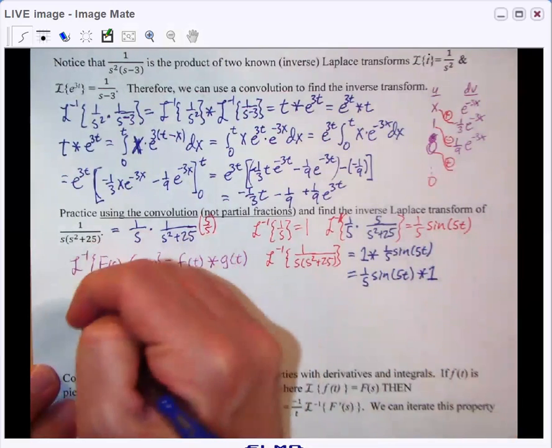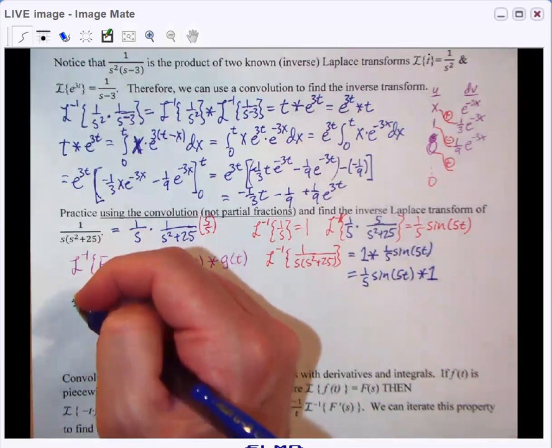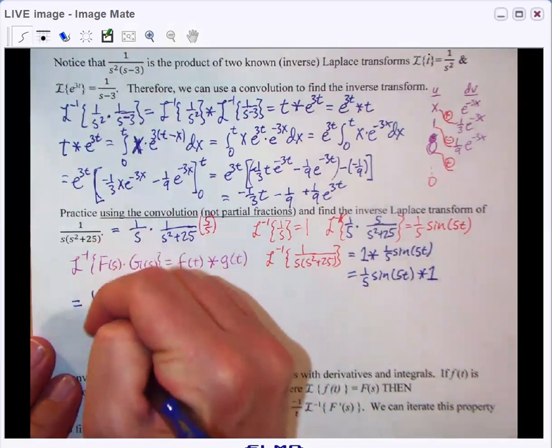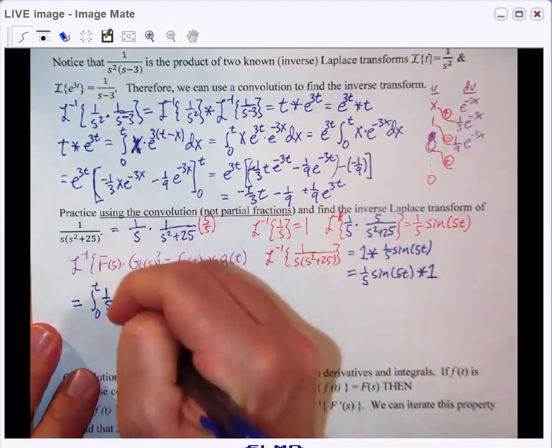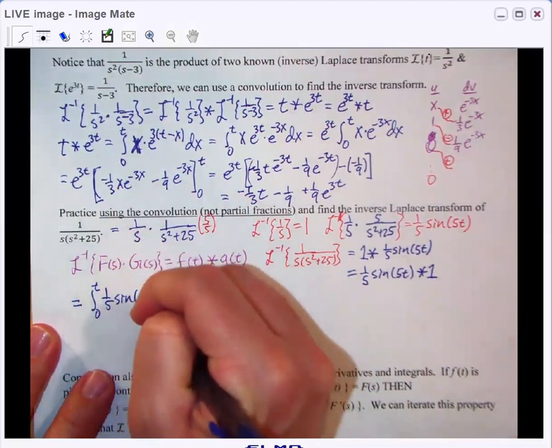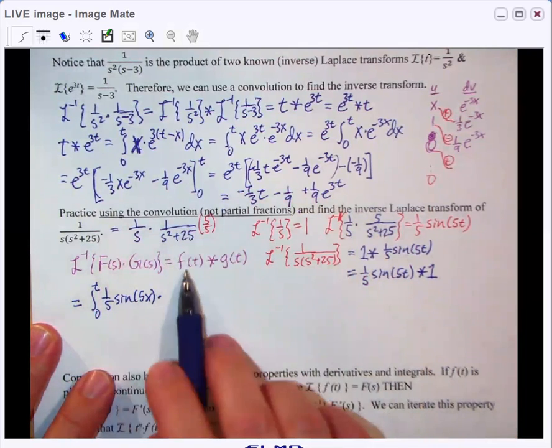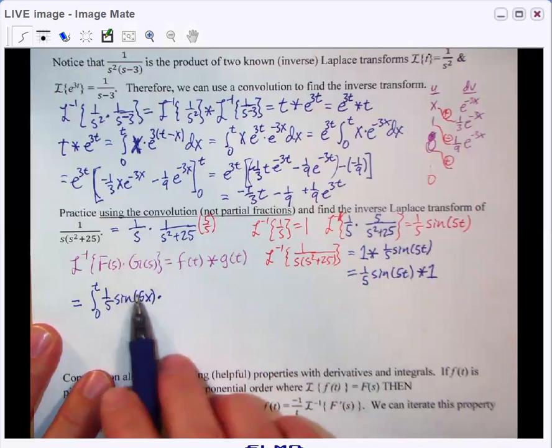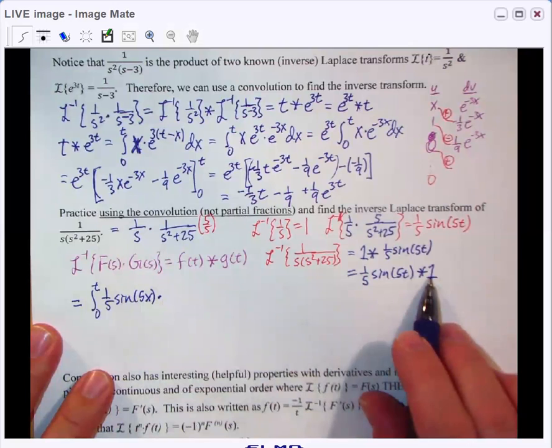So we're going to then get equal to the integral from 0 to t of 1/5 sine of 5x. Okay, so there's our f of t, times g of t minus x, but it doesn't matter because this function's a constant.